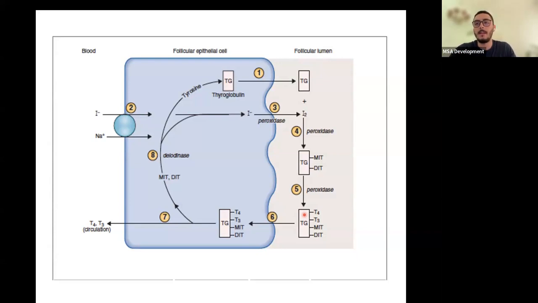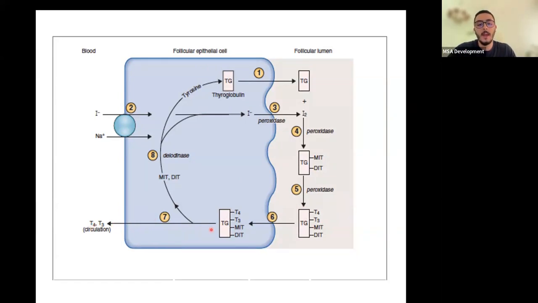That's when TSH will kick in. First, the thyroglobulin will be endocytosed into the follicular epithelial cell, and then the lysosome will be activated by TSH, and the proteases inside the lysosome will break down T3 and T4 from thyroglobulin and secrete them into the blood.